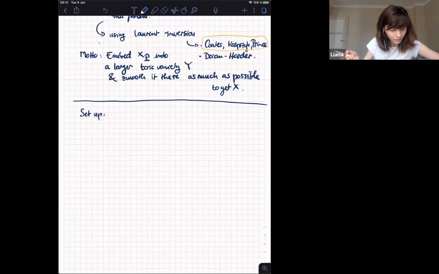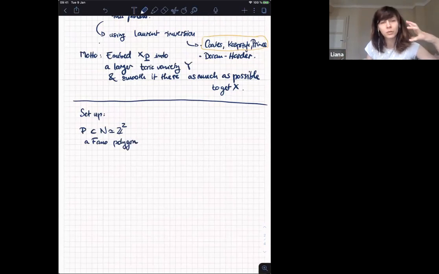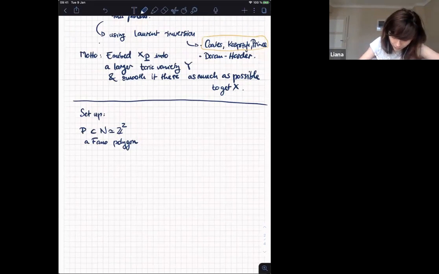So that is a polytope, or a polygon, because we're doing surfaces, in a lattice N. The lattice is going to be isomorphic to Z2, a Fano polygon. By which I mean that by doing the face fan of the polygon, I will obtain a Fano variety. So the Fano variety will be XP given by its face fan.